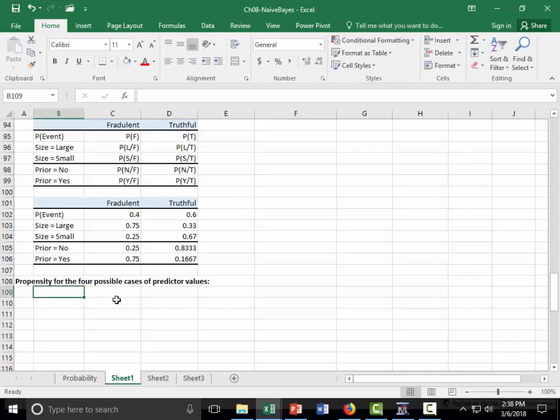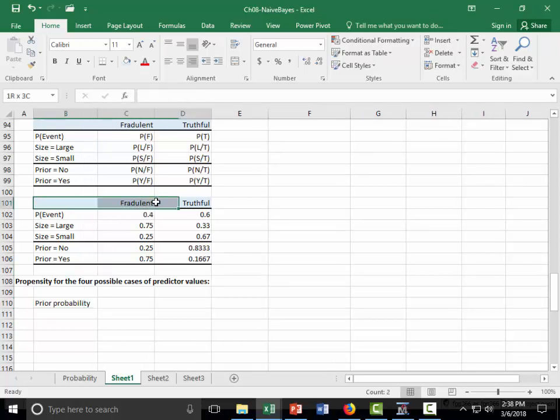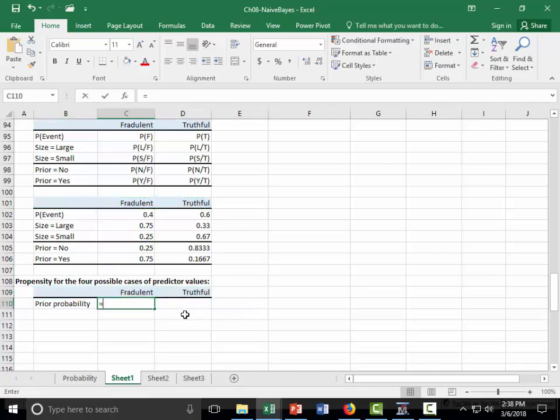All right, so now we still have the 4 cases. So we have the prior probabilities. Right. So we have fraudulent is 0.4 and truthful is 0.6.